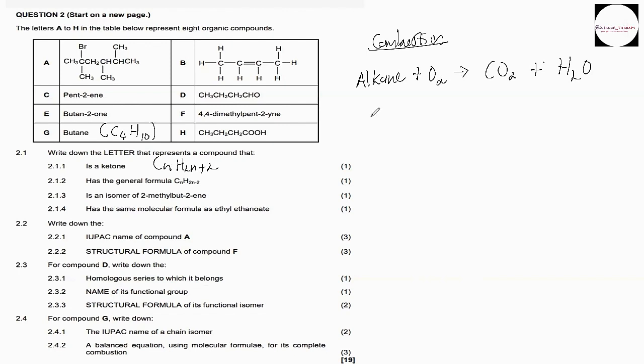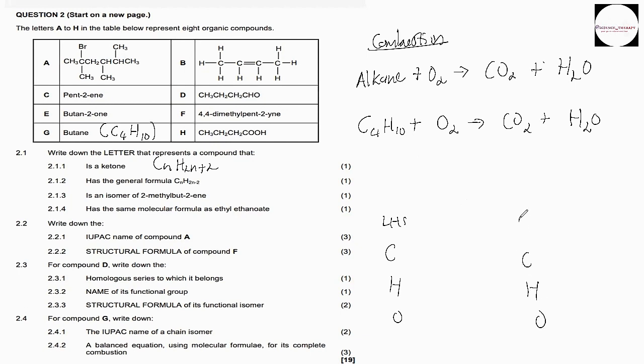So now let's do it here, C4H10, reacting with O2, to give us CO2 and water. I'm leaving spaces here so that I can balance. Now we know for the balancing, we use the Chor method on the left-hand side and the Chor method on the right-hand side.